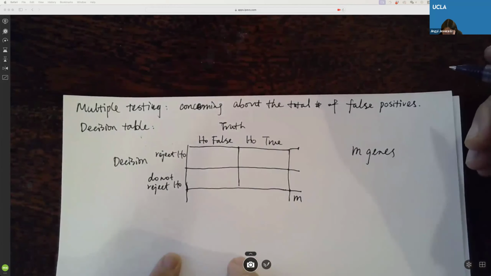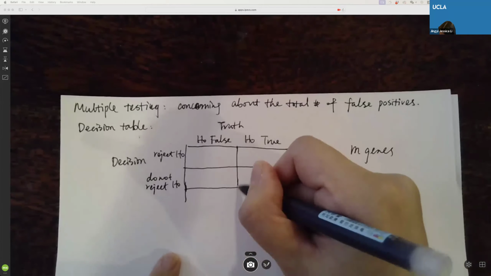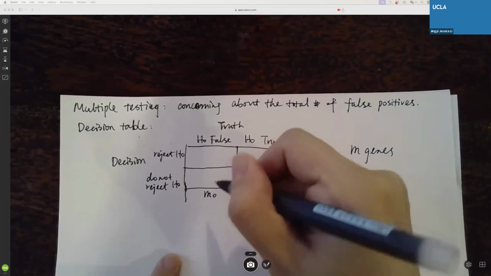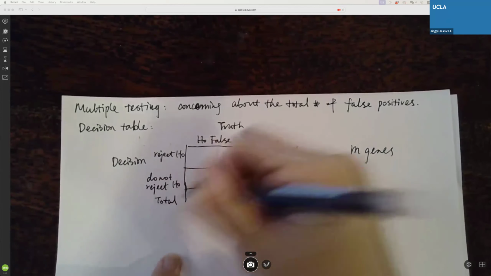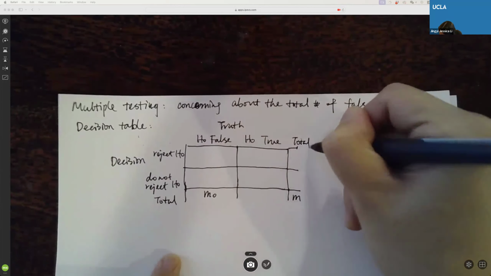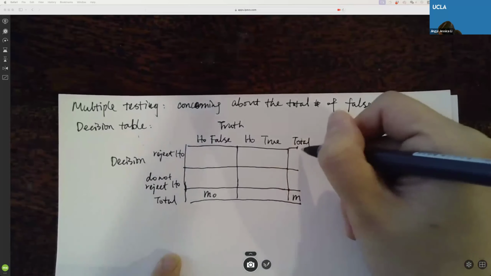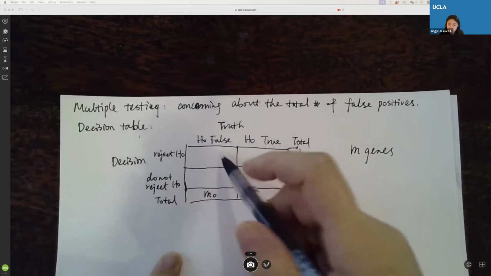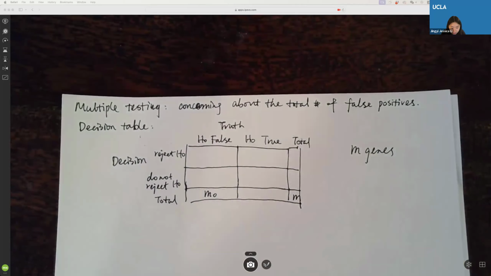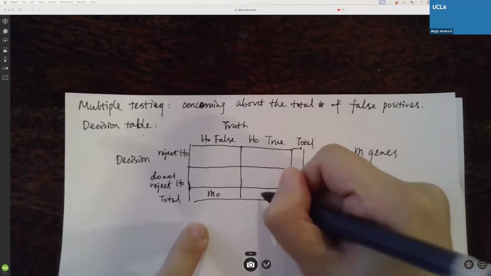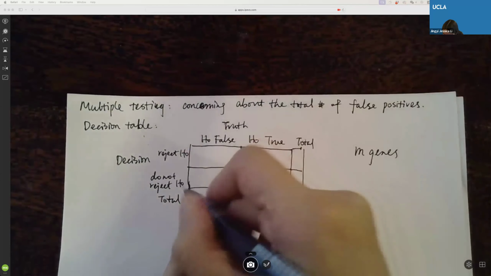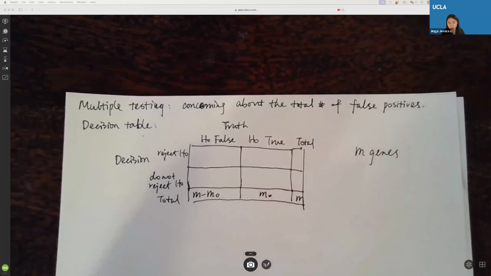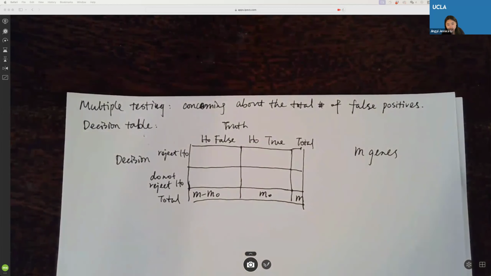Then regarding the truth, M0 genes have the null hypothesis holds, so they're true. The rest, M minus M0, have the null hypothesis false.